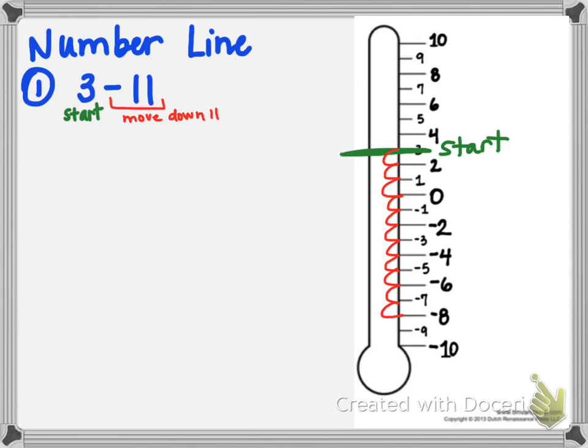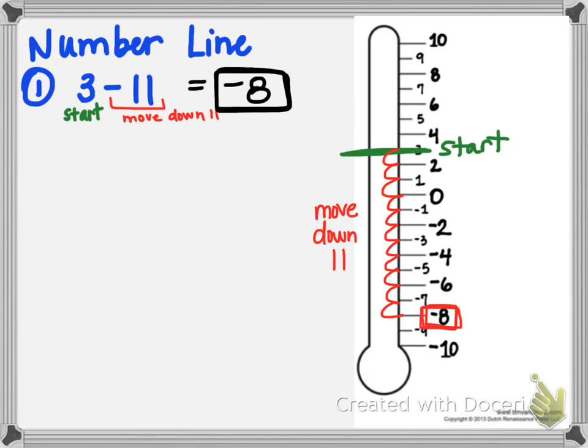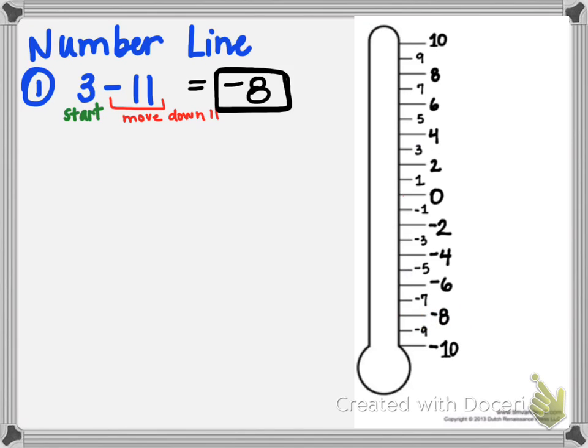So this is my moving down 11 because it was a negative. And at that point, here is my answer. Negative 8 is the new temperature or the new answer. So we just found that 3 minus 11 is equal to negative 8. Okay. Now let me see if I can clear off my thermometer here. All right. And let's try another one.